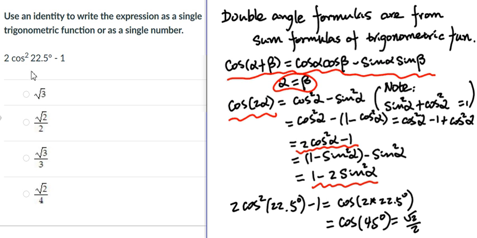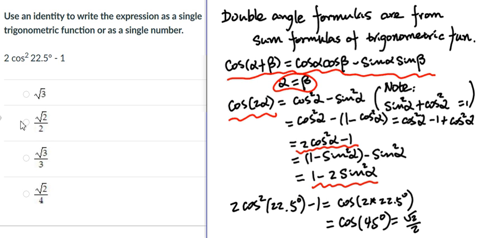And that's exactly what we want to use right here. 2 times cosine alpha squared minus 1 is basically cosine of the double angle. 22.5 degrees, you double that, you have 45 degrees, and that's going to be cosine 45 degrees, which is radical 2 over 2. That's the final answer.